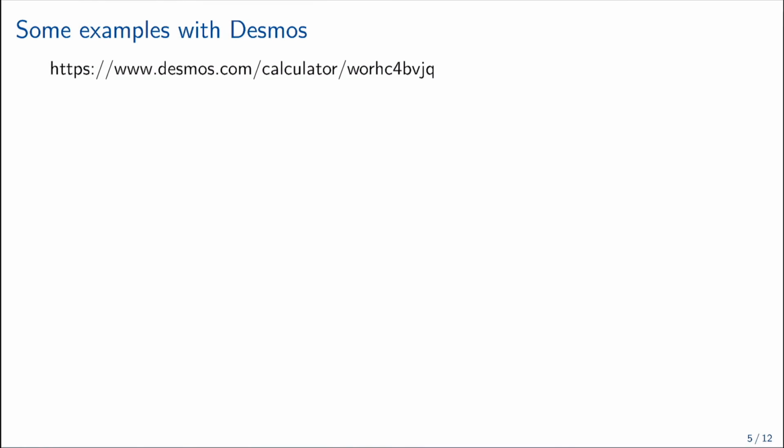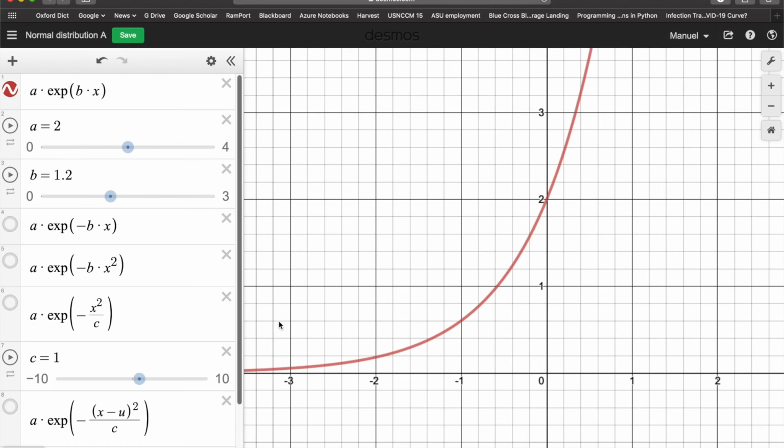Now we are going to move into Desmos. Desmos is a graphical calculator on the web, and I prepared a small demo of the exponential function. If you follow the link provided in the notes, you will open this Desmos worksheet. We can observe here the exponential function that we are plotting, a multiplied by the exponential of b multiplied by x.